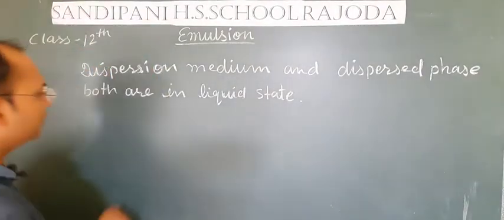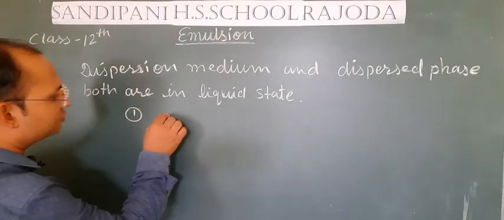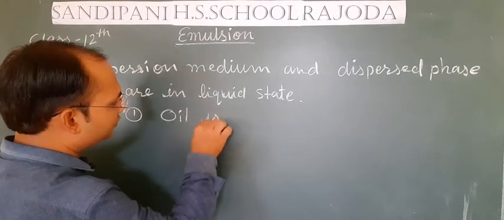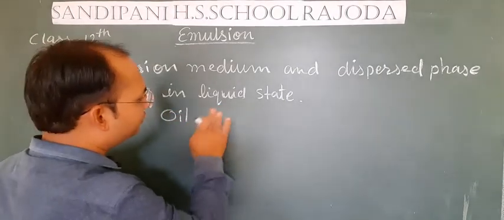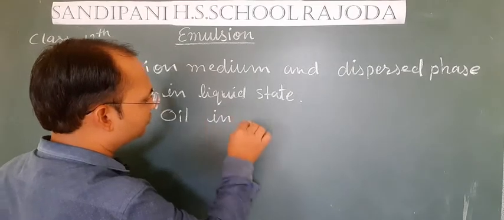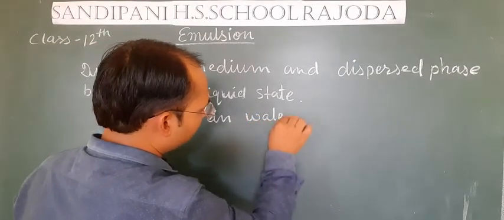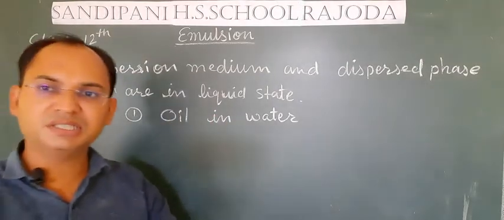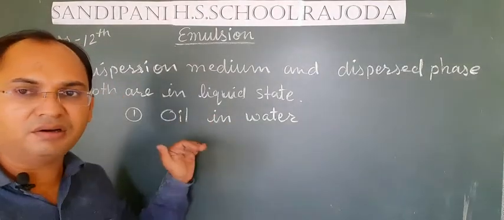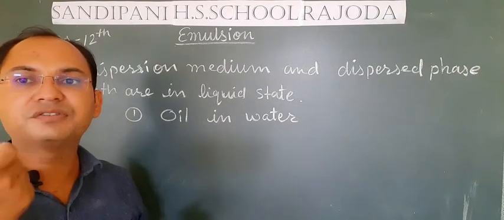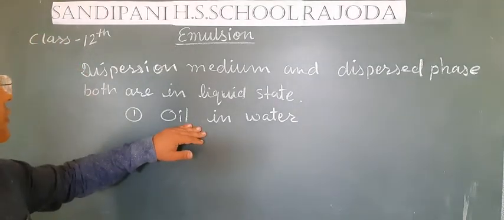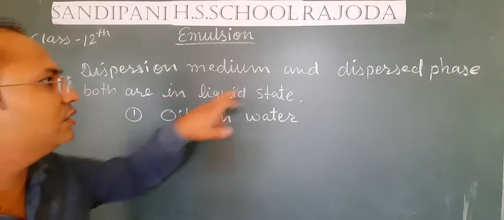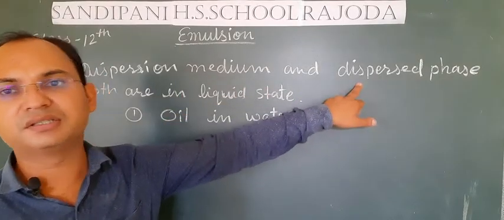One is the emulsion in which oil is dissolved in water, that is oil in water. That means students, water is present in large quantity and oil is in dispersed phase form. In this condition, water is dispersion medium and oil is dispersed phase.